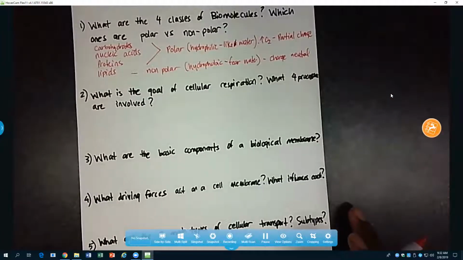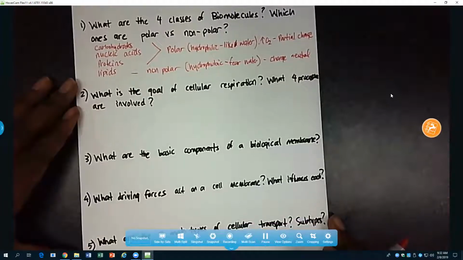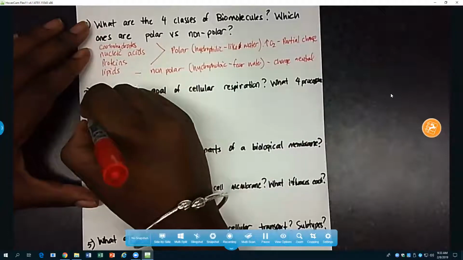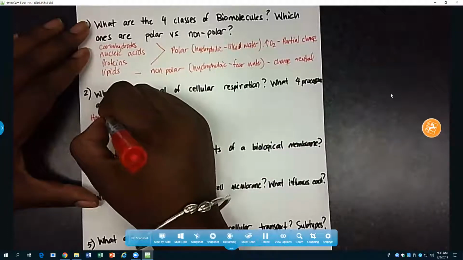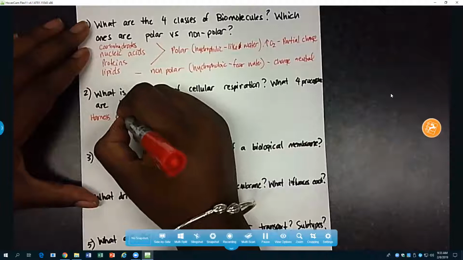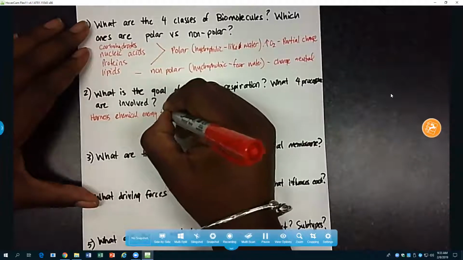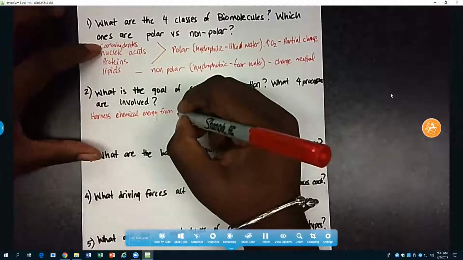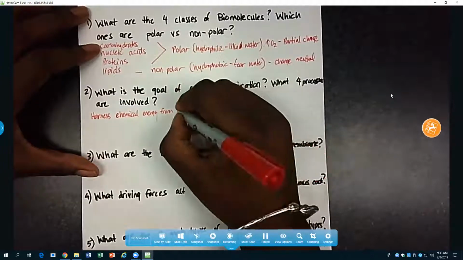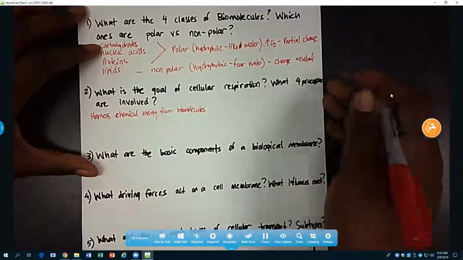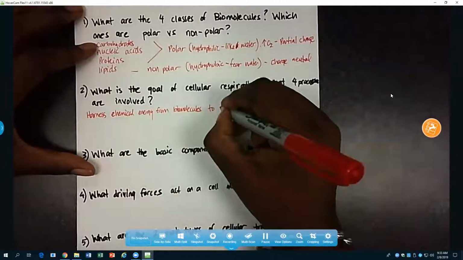It's energy for cellular work, right? So basically to harness chemical energy from our biomolecules, mainly carbohydrates, such as glucose, to do cellular work.